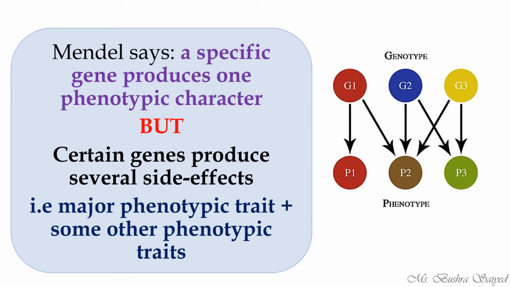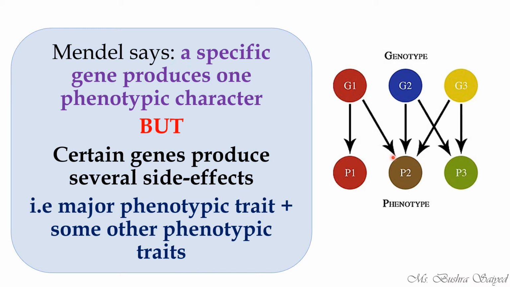Here in the diagram, you can see that there are total three genes, and each gene is influencing more than one phenotype. Here one single gene is influencing two phenotypes, but it could be more than two.